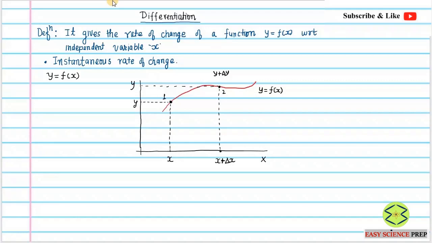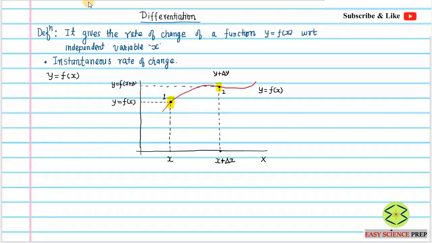Now if you observe these 2 points, point 1 and point 2, there is a variation taking place, the function is changing from one value to another value. If I represent these 2 points, here y is equal to f of x, and here the y will be equal to f of x plus delta x.